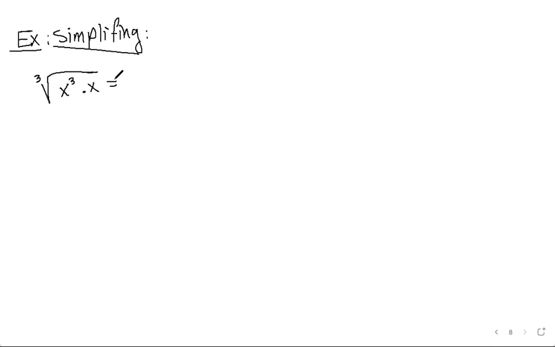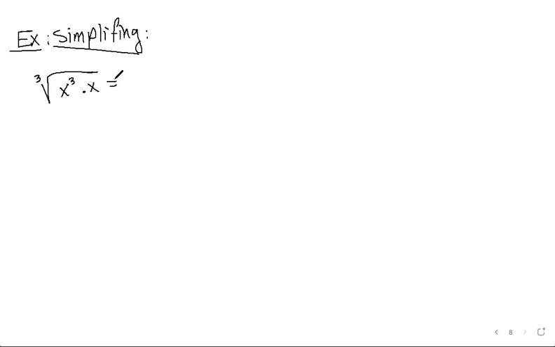How do you think about this one? Who will do this question? Professor, would you separate the x to the third, square root it separately from the x? Nice.